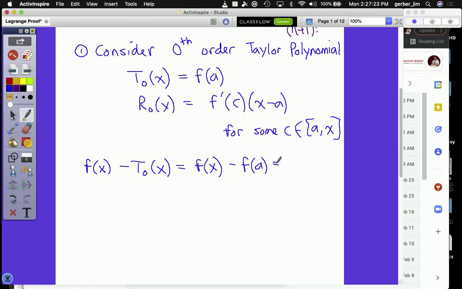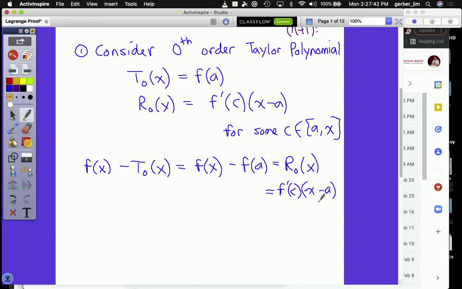And that's going to have to equal r sub 0 of x. And that, in turn, is f prime at c times x minus a.